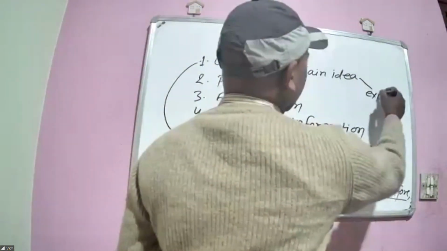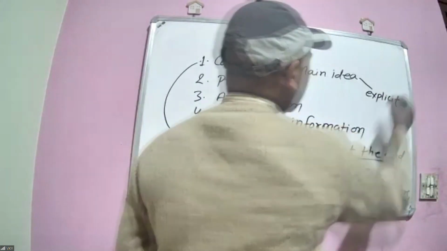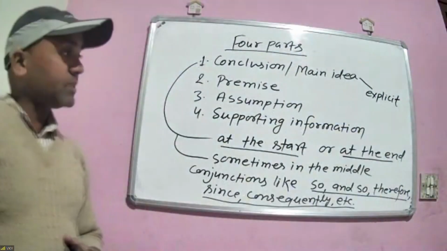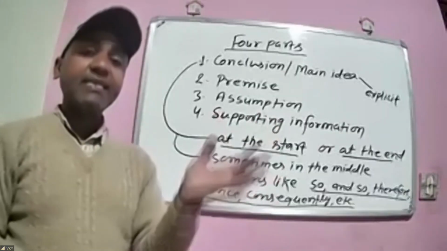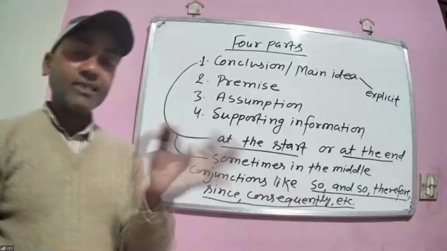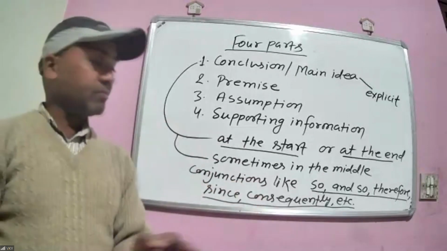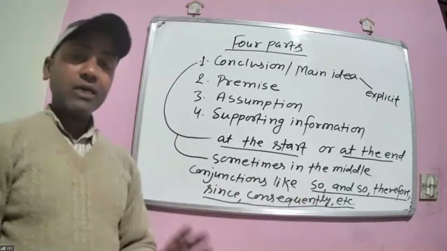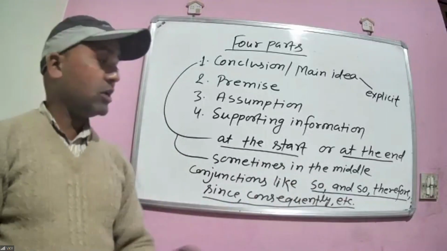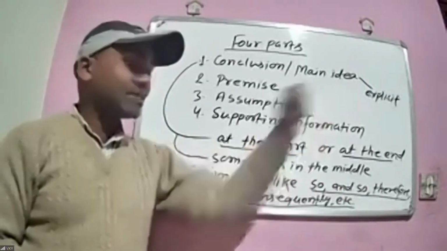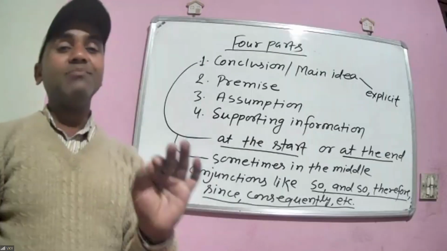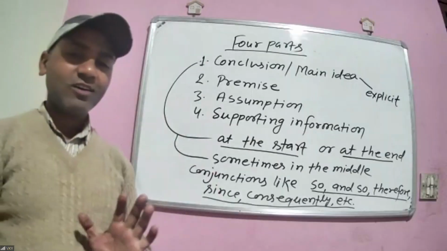So the conclusion or main idea is explicit in the text. Explicit means clearly seen. When the statement begins with so, and so, therefore, since or consequently, then it is explicit. But it can be implicit also. How is it implicit?